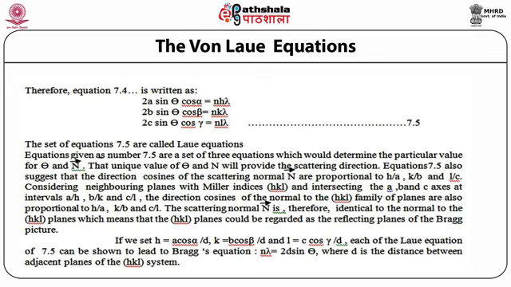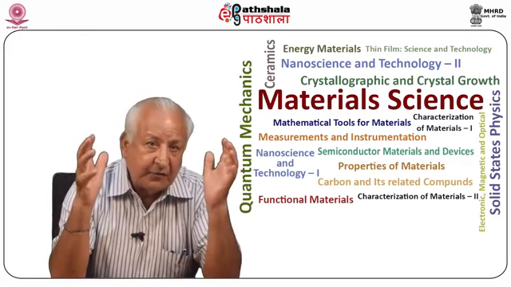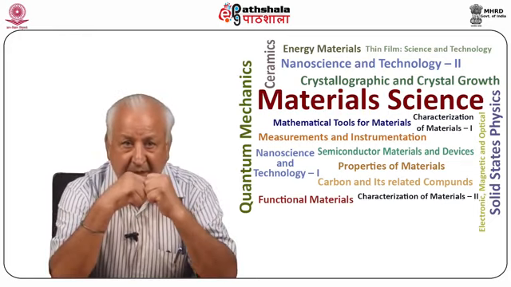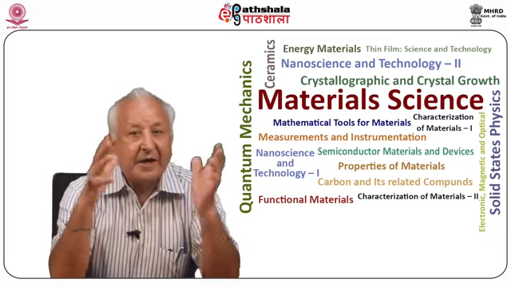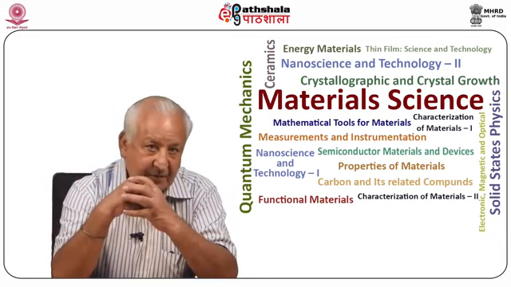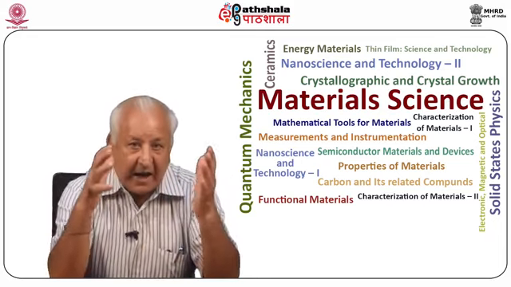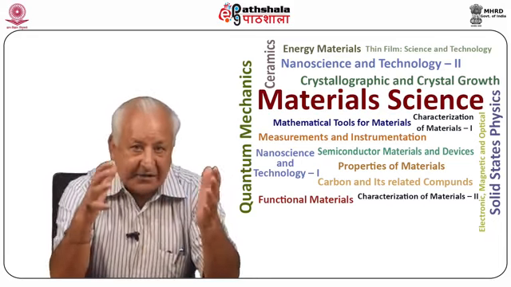So students, let us summarize what we have learned in this module. We have learned about X-rays, their sources, and their interaction with matter. Description of the gas tube, Coolidge tube, and the betatron is given.